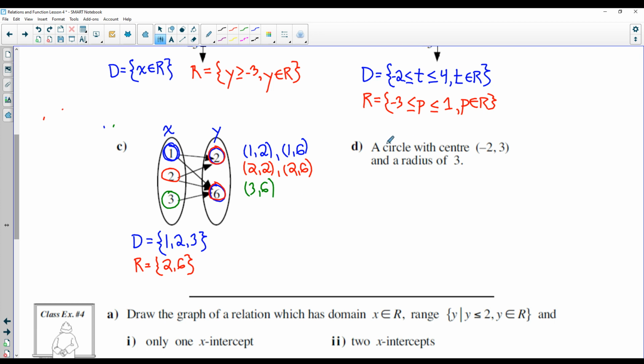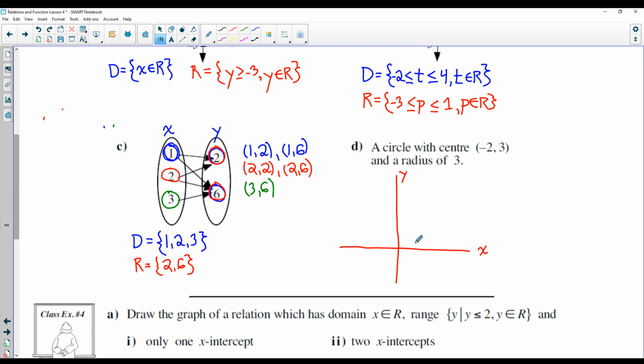D says a circle that has a center of -2, 3 and a radius of 3. All right, we're going to have to sketch a picture to see what this looks like. So I'm just going to sketch a mini Cartesian plane. Okay, so there's my y-axis, and we'll do the x-axis about right here. I'll just draw some grid lines on here.